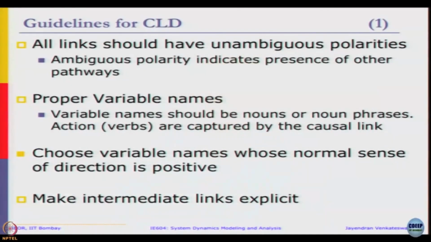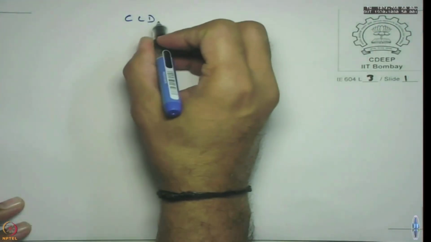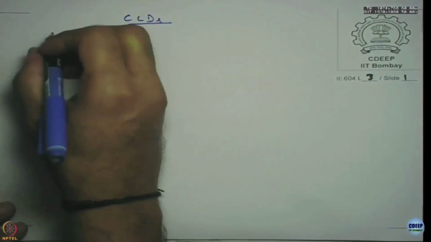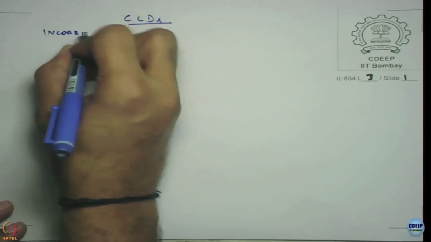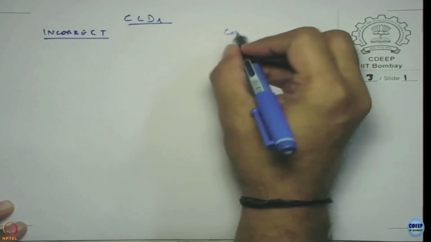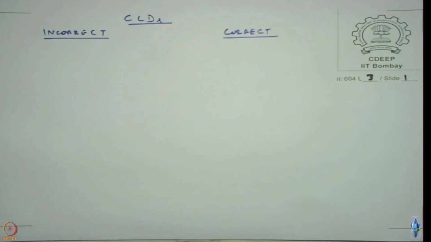So, today the newer guideline that we can look at to begin the class is make intermediate links explicit. CLDs, again I am going to draw the incorrect or less correct one on the left side and the correct ones on the right side of the page.